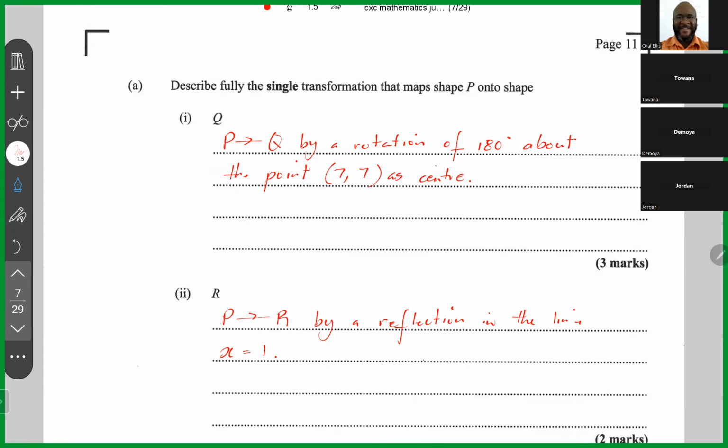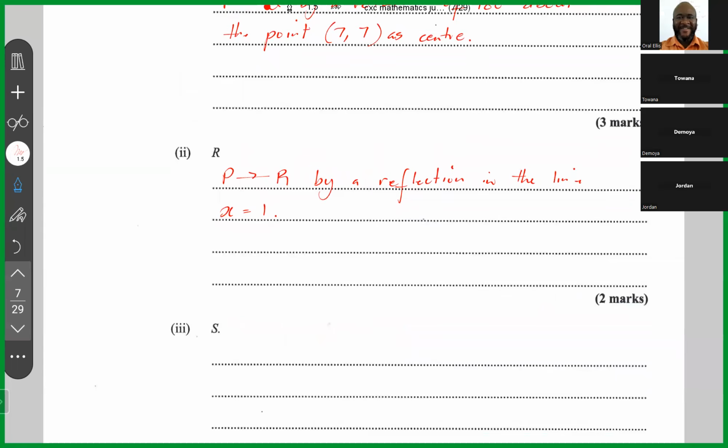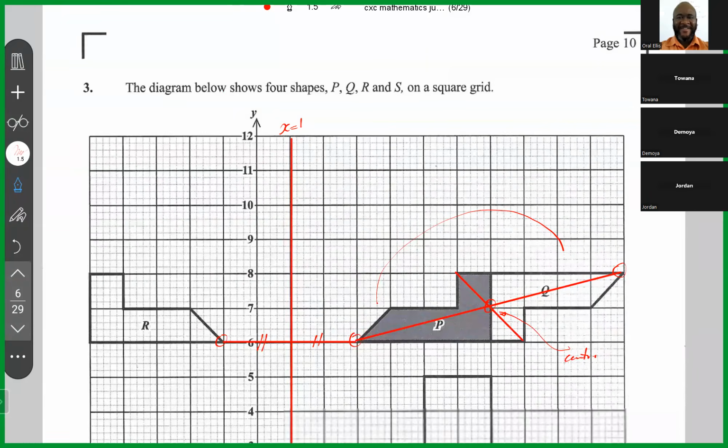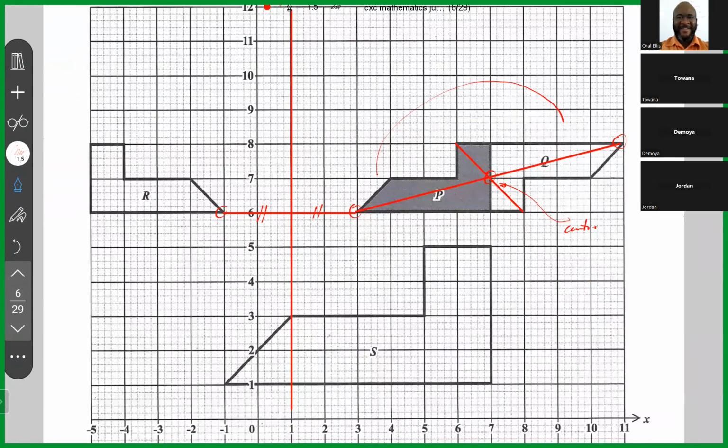So the next thing we want to do is describe the transformation that is going to map P onto S. So let's get back to the diagram. Looking at this, I can clearly see that the transformation that maps P onto S must be an enlargement.